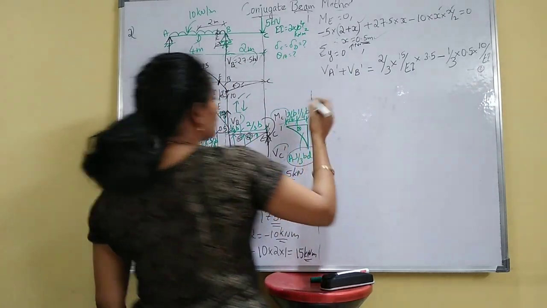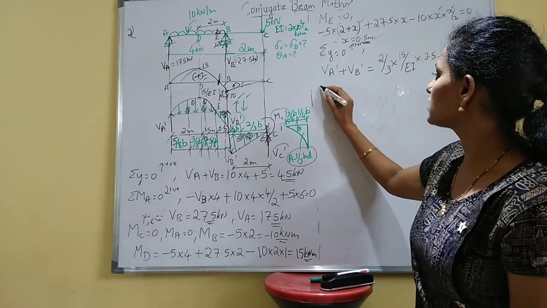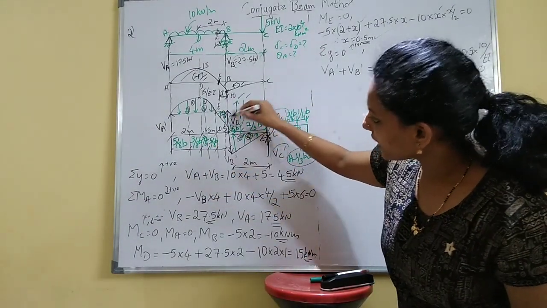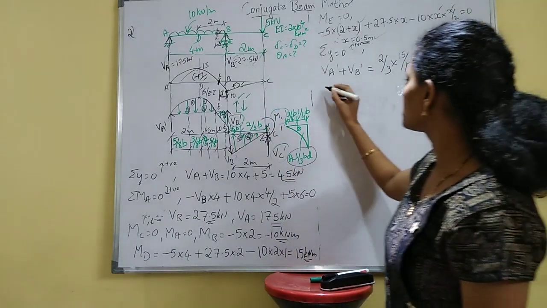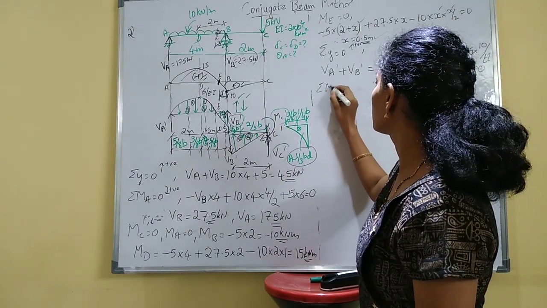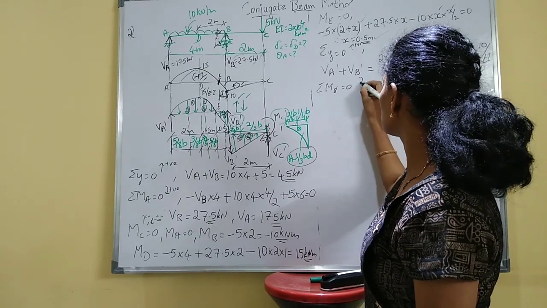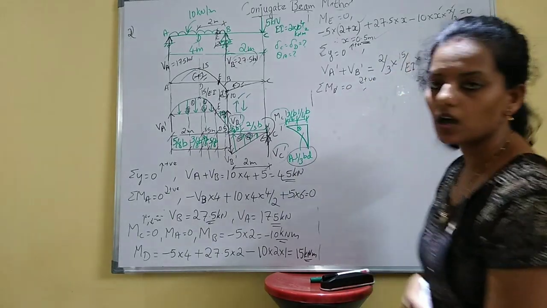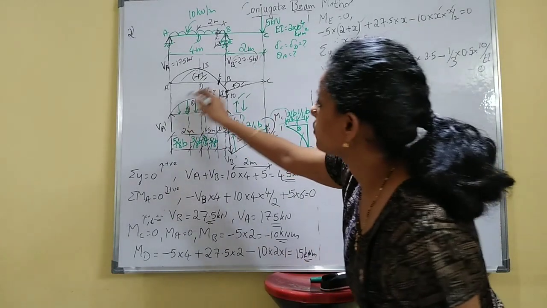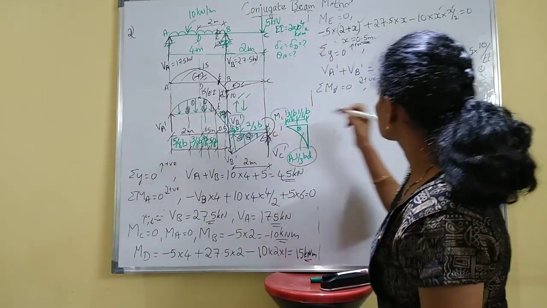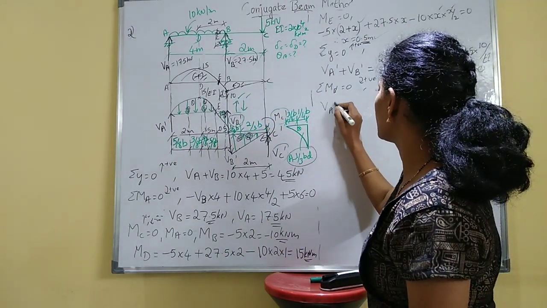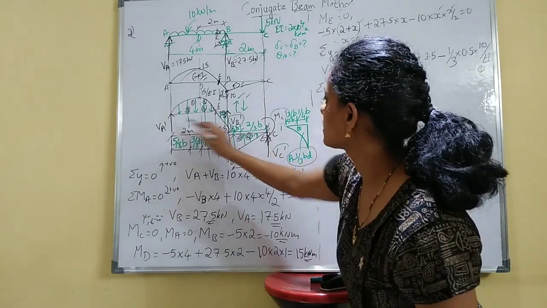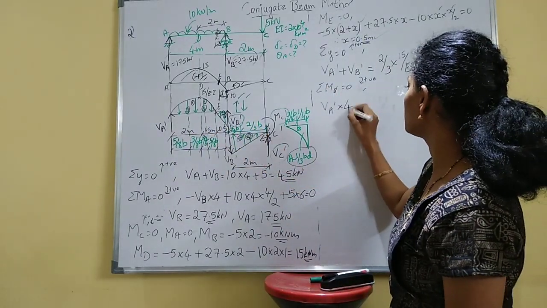Next step, find out moment at one point, that is you can find out net moment at B dash equal to 0. So moment at MB dash is equal to 0, considered clockwise as positive. So here you have this, VA dash is clockwise, so plus VA dash into distance up to B, that is 4 meter.